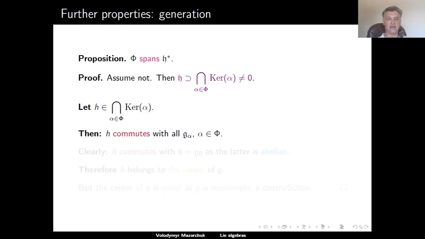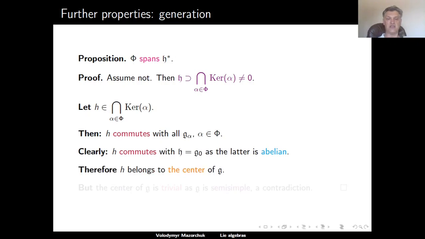Then this element H commutes with all elements in all root subspaces simply because the commutator is given by the evaluation of the root at H, and since H belongs to the intersection of all kernels, this evaluation will be zero. So our H commutes with all root subspaces, and of course it commutes with the Cartan subalgebra because the latter is abelian.